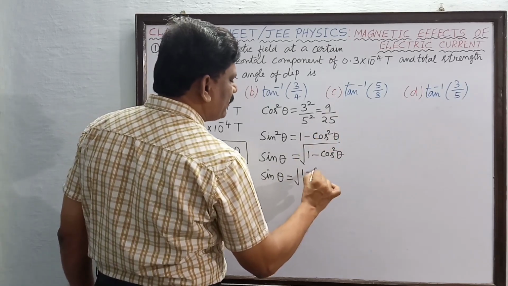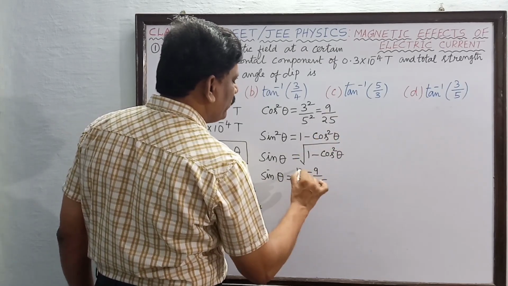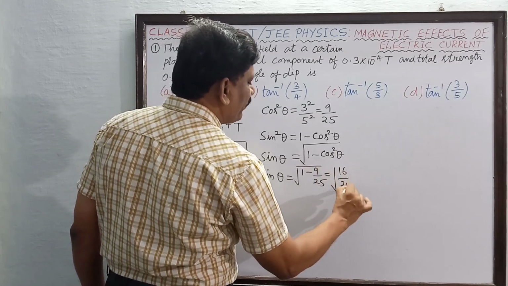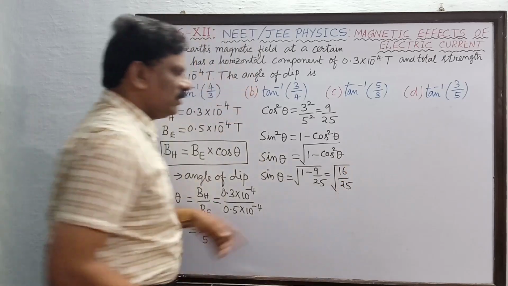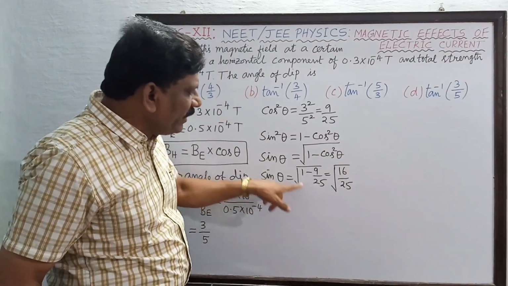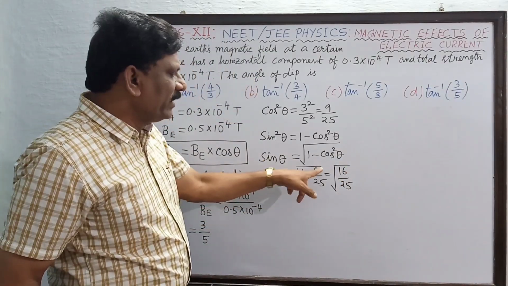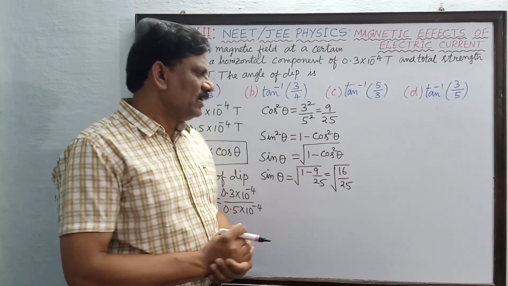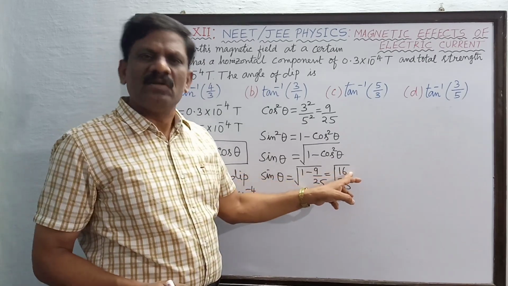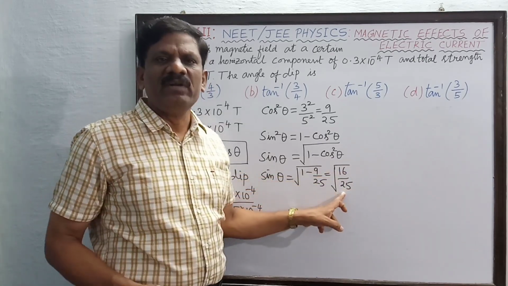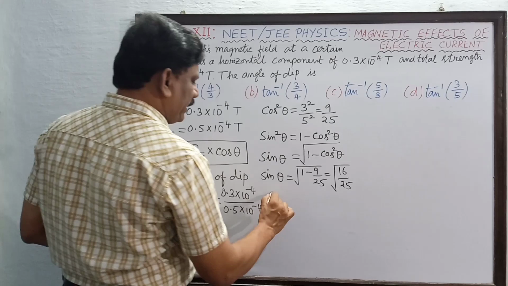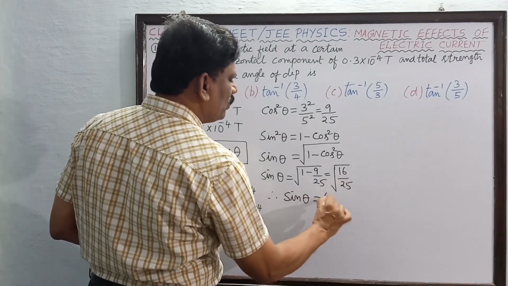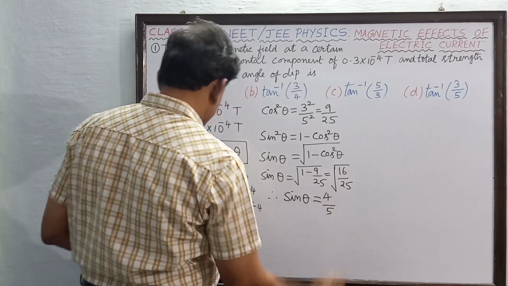The LCM is 25. 25 into 1 is 25, 25 minus 9 is 16, divided by 25. So this is the square root of 16 by 25. Both are square numbers. The square root of 16 is 4 and the square root of 25 is 5. Okay, therefore we get the value of sin θ is equal to 4 by 5.